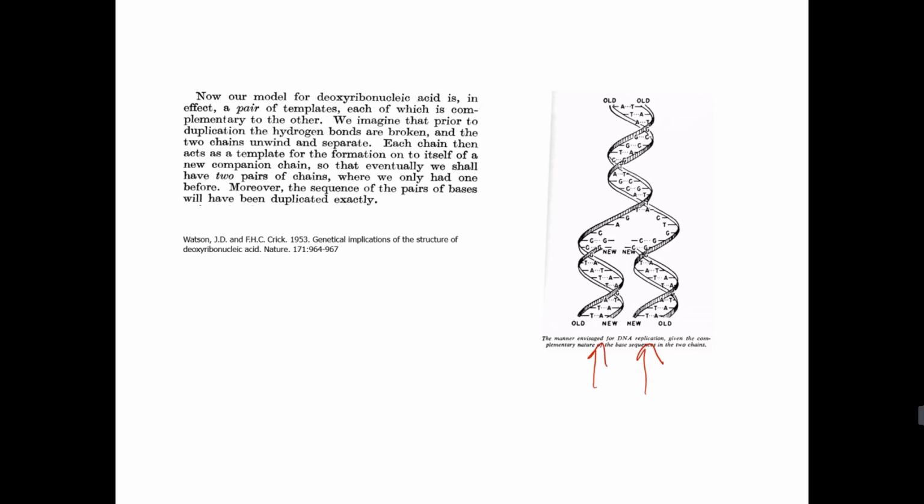Do these happen at the same time? These are questions that they had very little knowledge of at the time. So obviously there's a lot of questions about how this process actually occurred, and the model provided just a beginning framework for how this might happen. So key questions: how does this happen?